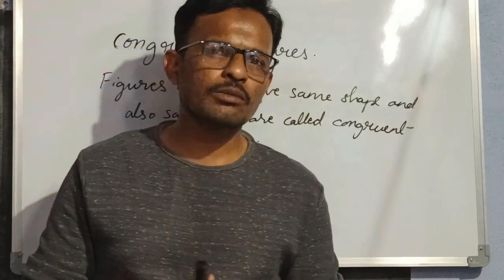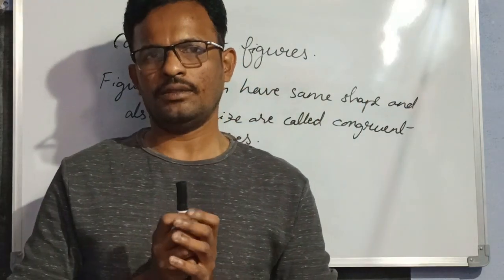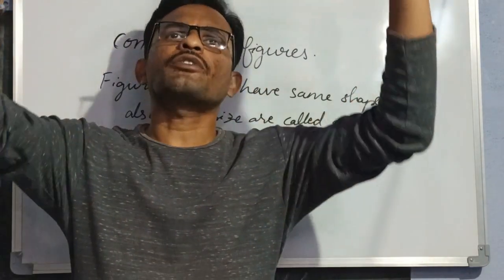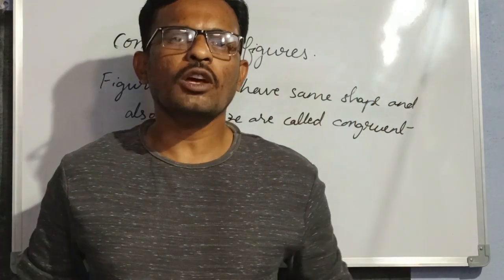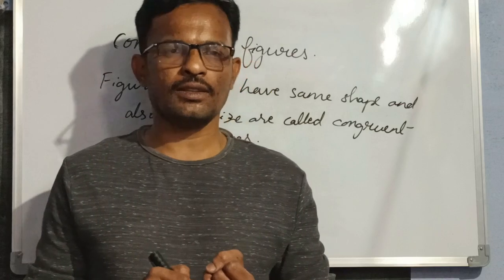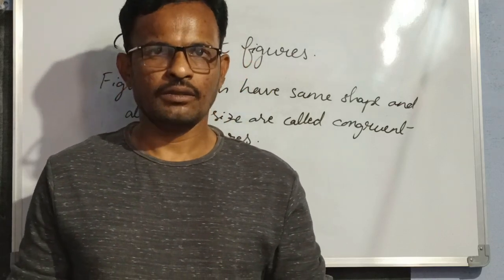Congruent figures means I should take two coconut trees. Why? Because they will be of the same height, in the same way, same shape, correct? Both are coconut trees and both will be of the same height. Clear?